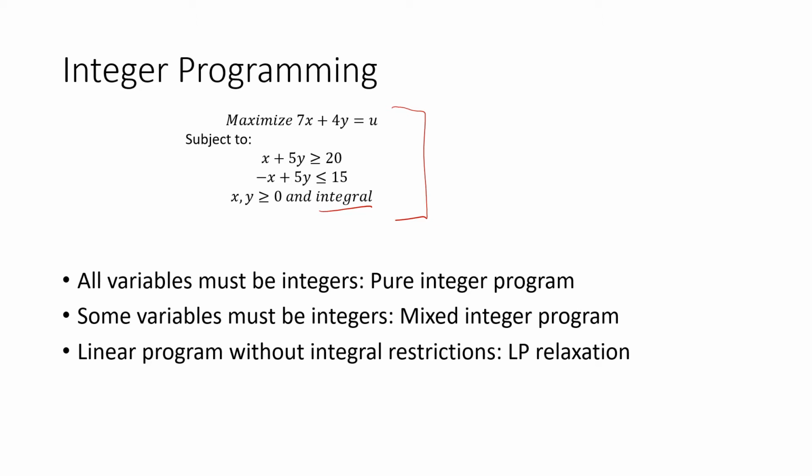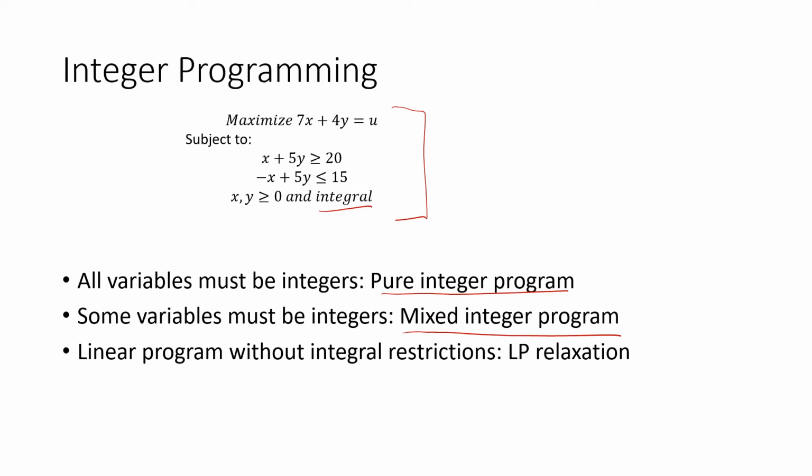Now you're going to run across a couple of different types. One is a pure integer program, such as this one, where everything has to be an integer. Now note that if all of your main variables are integers and all of your constraints and so forth are all integer numbers, that also means your slack variables are also integers.